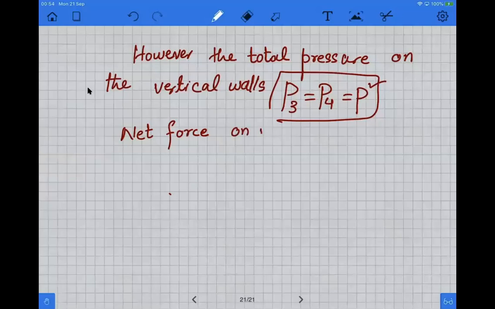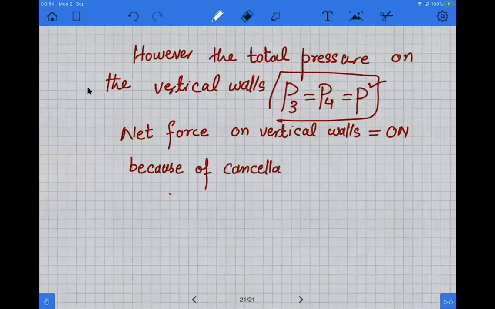Net force on vertical walls AB and CD will be 0 Newton, and the reason for this is because of cancellation. The net force on the vertical walls is 0 because of the cancellation. So the cancellation is the factor which makes the net force 0 on the vertical walls.